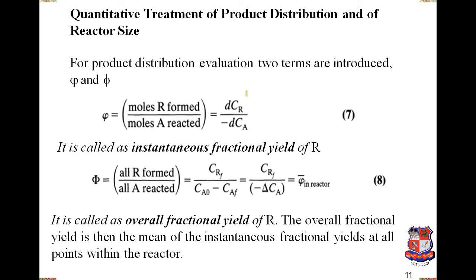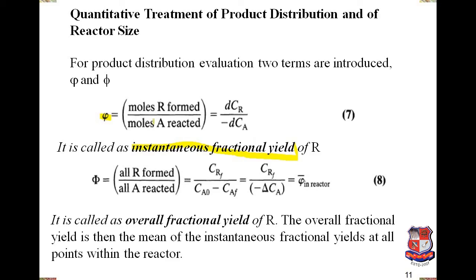So now the quantitative treatment, if we need to define how the selectivity is affected. In chemical engineering we have learned that higher conversion and selectivity are the two important parameters. Conversion is fine, so now we are introducing the selectivity. That is psi, the instantaneous fractional yield.